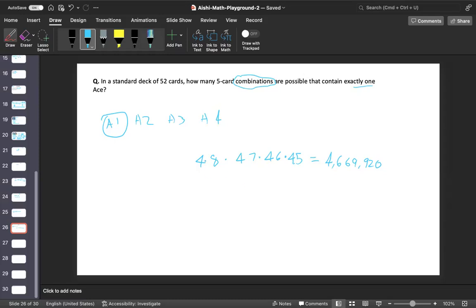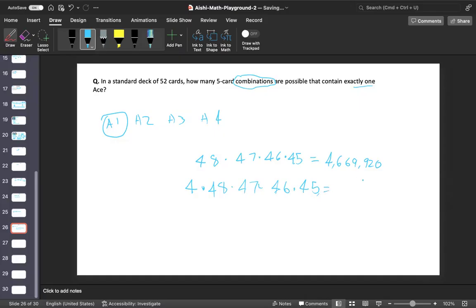But here's the trick. We can choose one ace in 4 ways. So for each of the 4 aces, we can multiply. We have 48 times 47 times 46 times 45 ways, right?